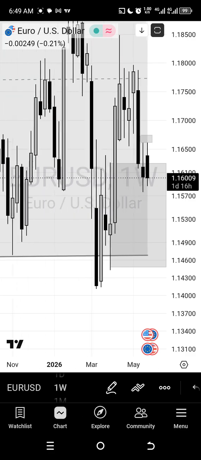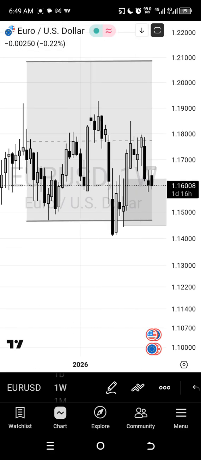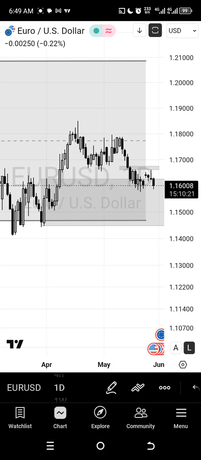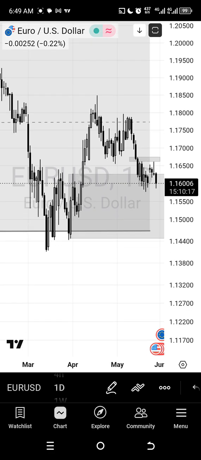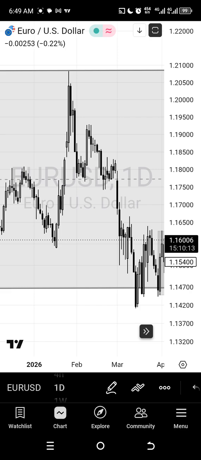What I will do next is refine my weekly order block on the daily time frame, and also refine my structure in order to keep my analysis going. Looking at the weekly time frame, I can clearly see price was in a downtrend on the left hand side.